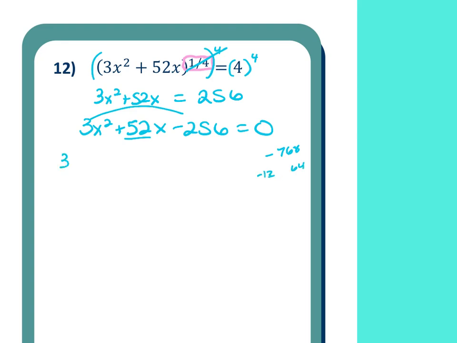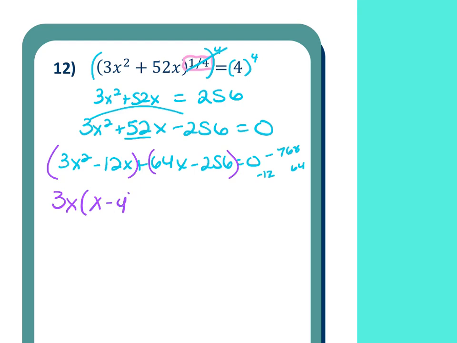So I get 3x squared minus 12x plus 64x minus 256. Group these and these. Take out a 3x here. Take out a 64. X minus 4, 3x plus 64.